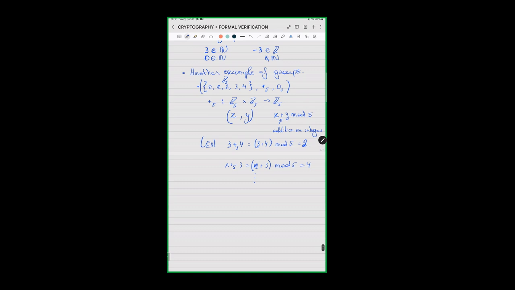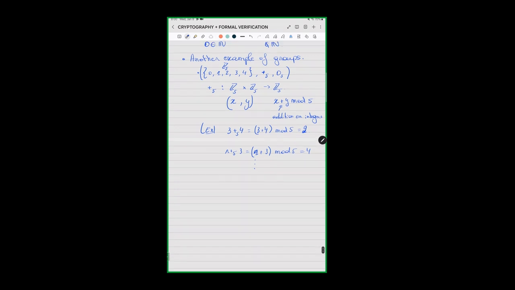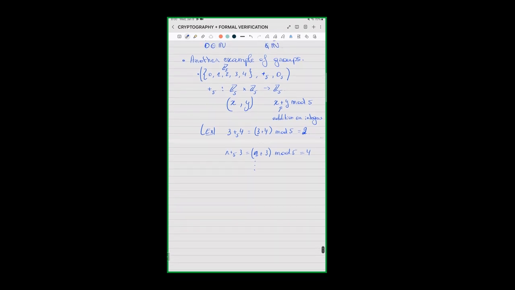As a small exercise, you can try to convince yourself that every time we take any element in this set and take the modulo, which is exactly the concept of the modulo, we always come back to a value smaller than n.